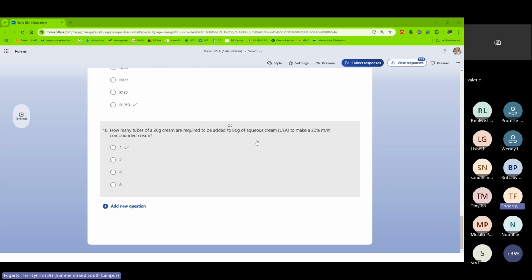And so the total volume of this compounded cream that you're going to make up is 100 grams. So 20% of the total weight of the compounded cream is 20 grams, and your tube is 20 grams. Therefore, you only need one tube to make up your 20% compounded product.